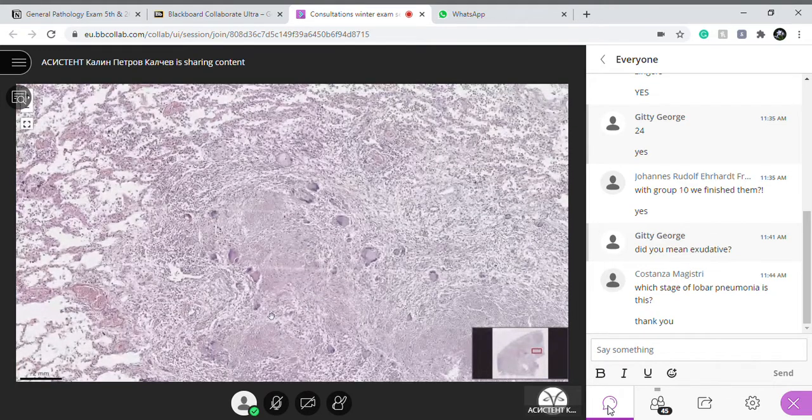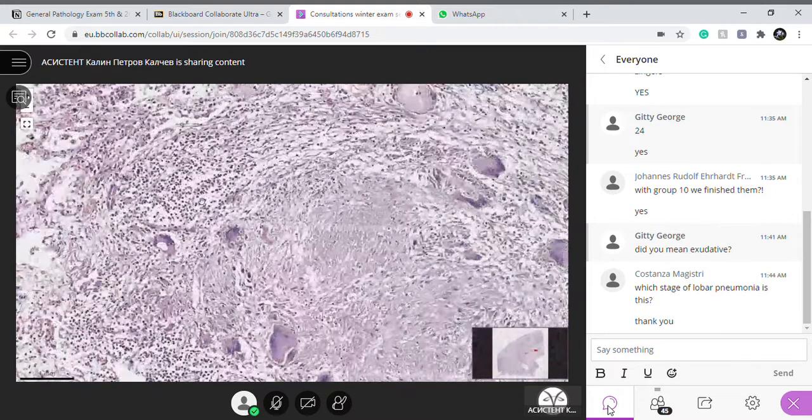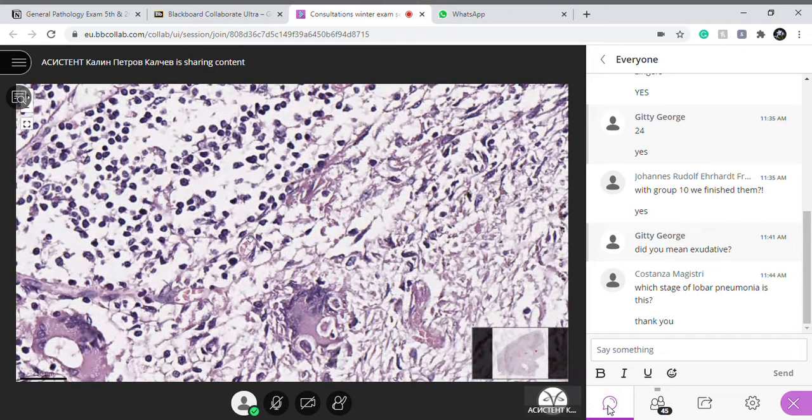Another specific granuloma that looks very much like these tuberculous granulomas is, for example, the granuloma in syphilis. We have almost the same structure.